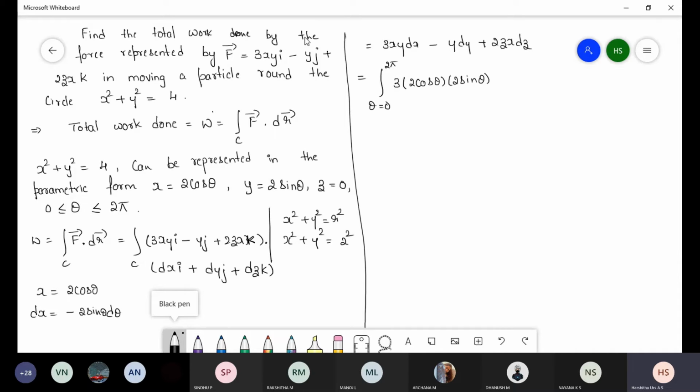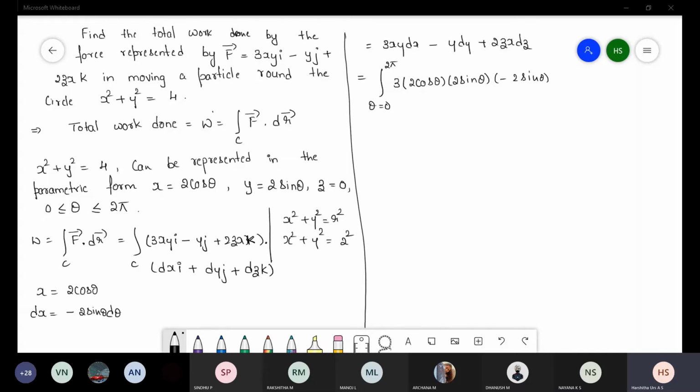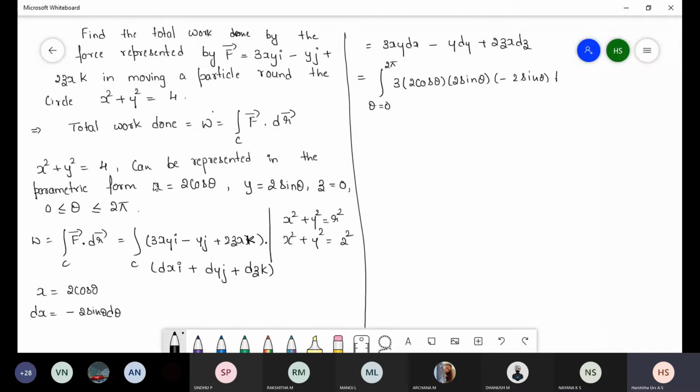So in the place of dx, I will write minus 2 sin theta into d theta, minus y value 2 sin theta into dy. y is equal to 2 sin theta, so dy is equal to 2 cos theta into d theta.